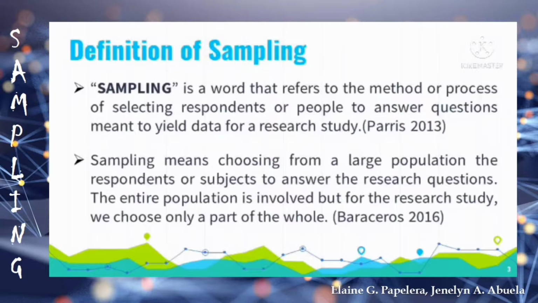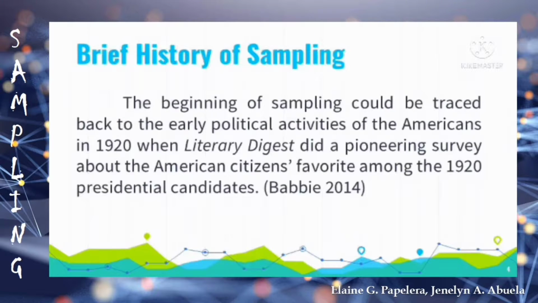Sampling, on the other hand, based on Baraciro 2016, means choosing from a large population the respondents or subjects to answer the research questions. The entire population is involved, but for the research study, we choose only a part of the whole. How did sampling start?